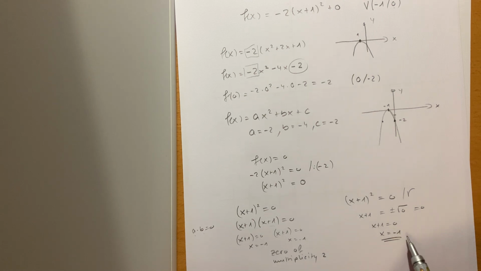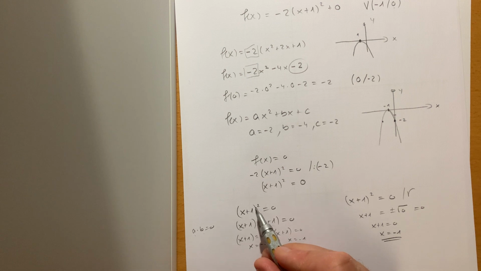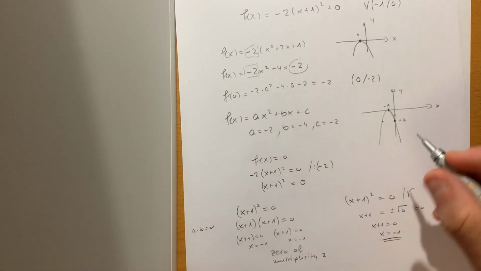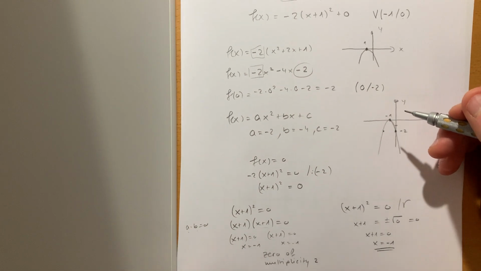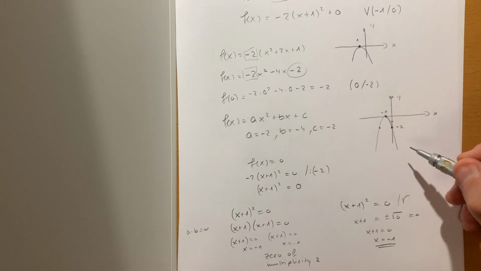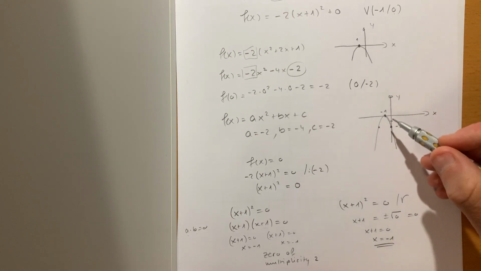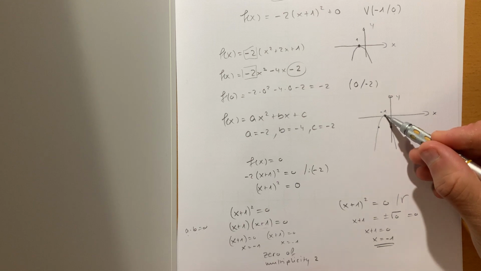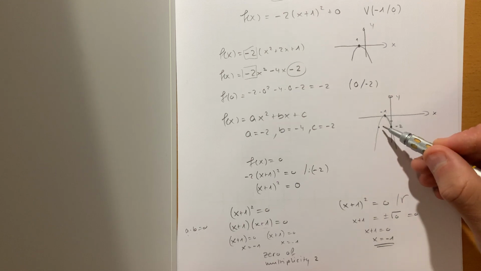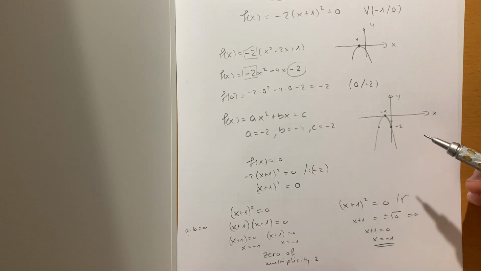Well, you can't see it here that well, but whenever you see (x plus 1) squared or (x minus 1) squared or whatever, you can see that it will be a zero of multiplicity 2. So this is in fact a sad parabola which has undergone a vertical stretch, and it has one zero at minus 1 of multiplicity 2. That means it only touches the x-axis.